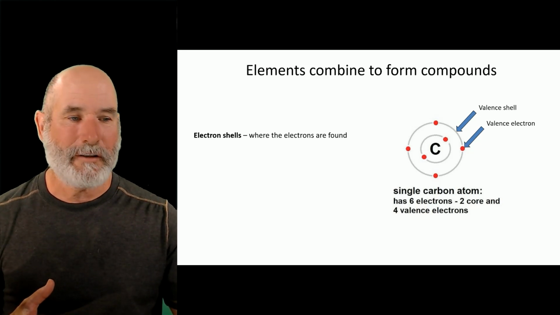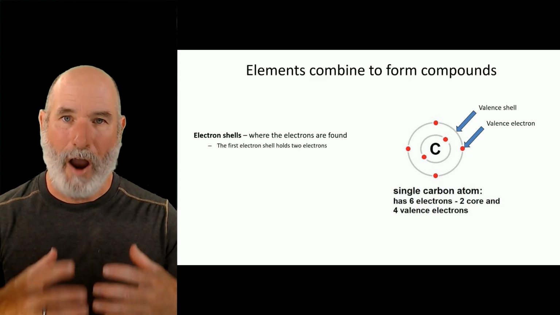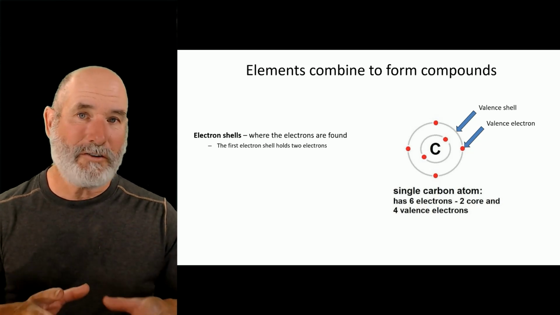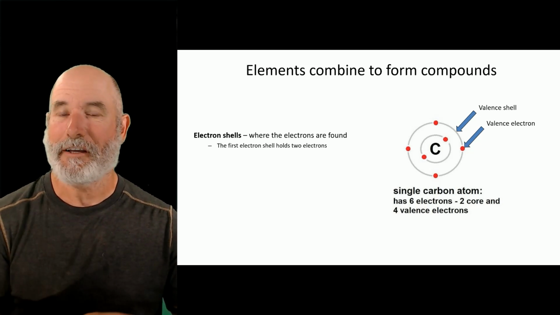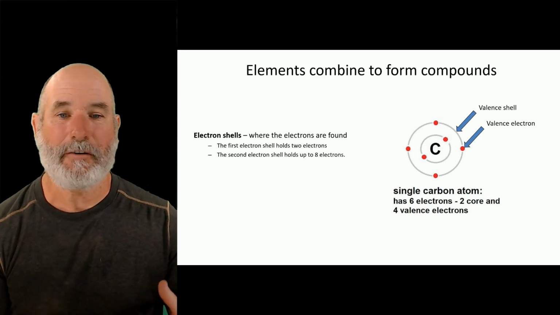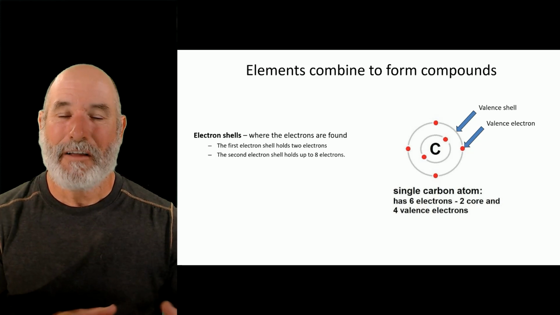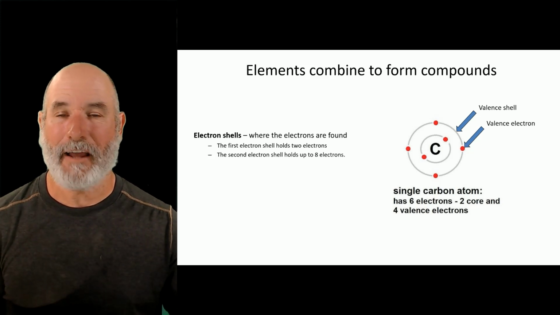Now, importantly, there are some properties about these electron shells. The first one only holds 2 electrons. That's it. No more, no less, to be chemically stable anyways. And then the second shell and the third shell as well, they hold up to 8 electrons.